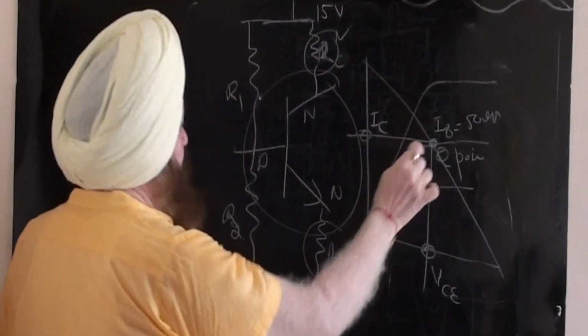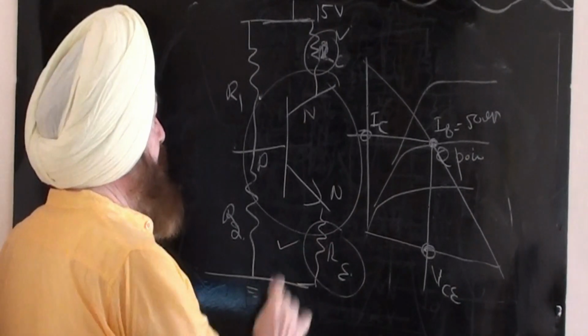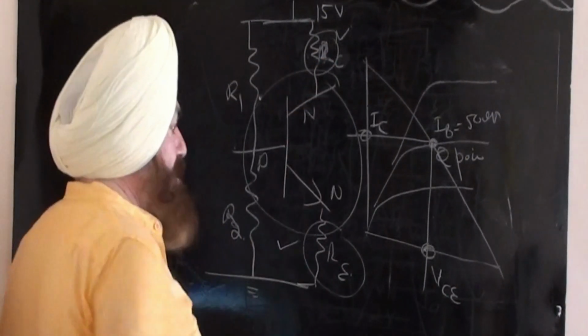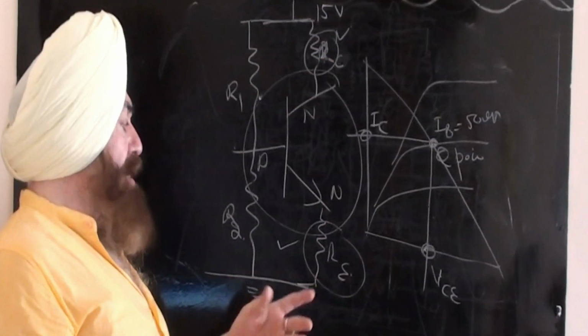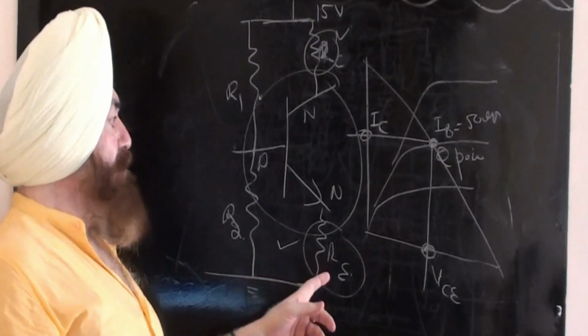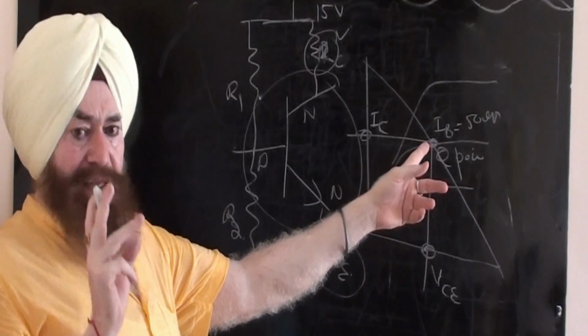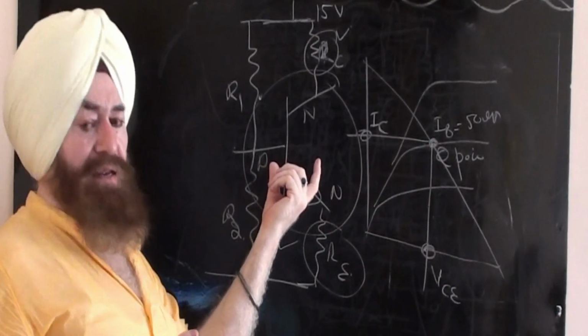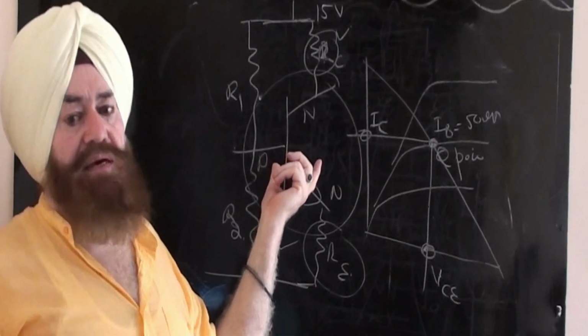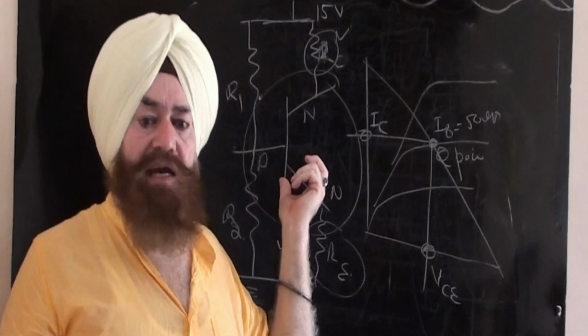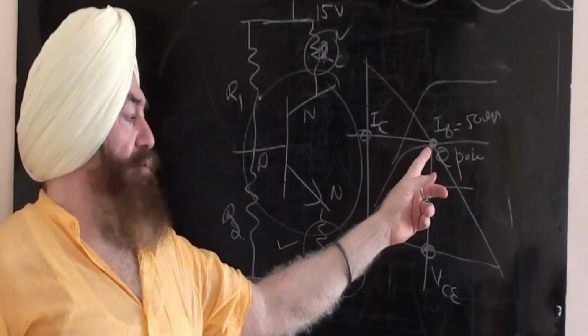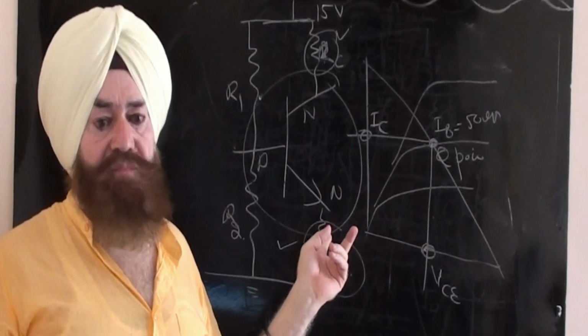Q point stabilization is connected with RE and RC with the transistor. The advantage of negative feedback is that the Q point becomes stable, but at the cost of some gain. Some gain decreases with negative feedback, but otherwise our Q point becomes stable.